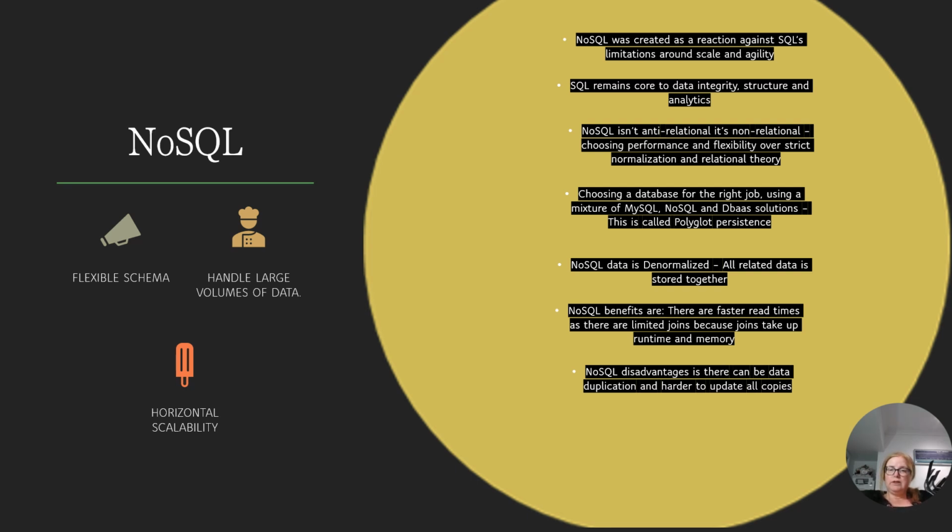NoSQL disadvantages are that there can be data duplication and it can be harder to update all the copies. So NoSQL has a flexible schema, it handles large volumes of data, and it has horizontal scalability.